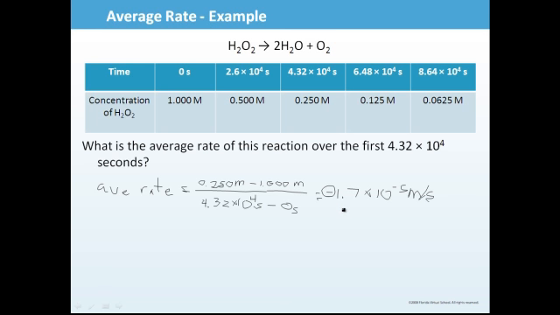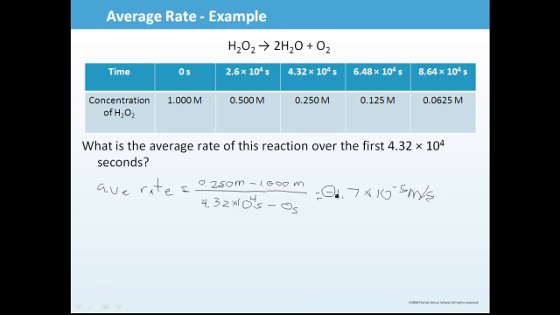We just worry about the number, so 1.7 times 10 to the negative 5. All the negative is telling us is the direction of the reaction. Kind of like with exothermic versus endothermic, the sign tells us the direction. Here's the same thing. The negative is telling us that we're losing the concentration, in this case of the H2O2, which is the peroxide.